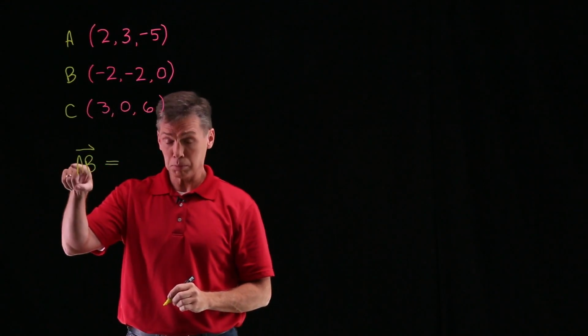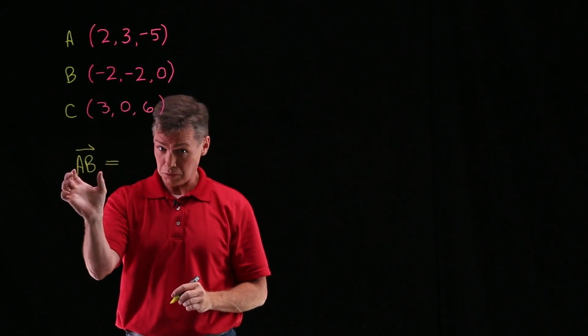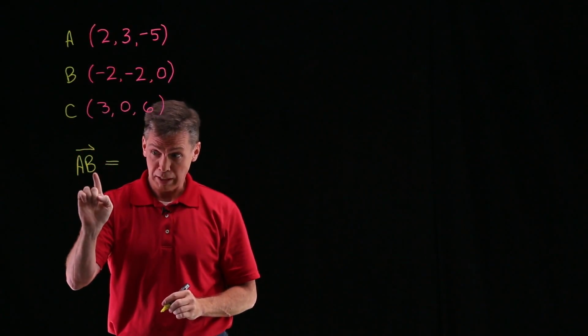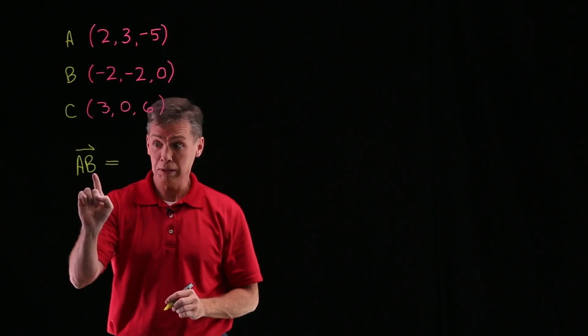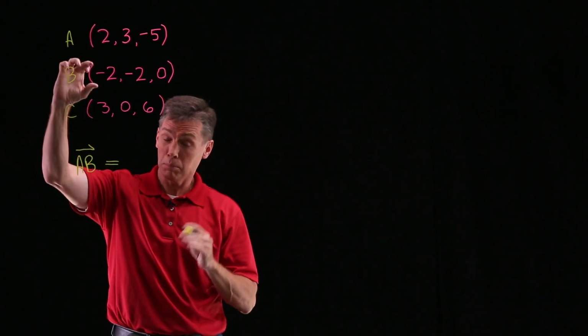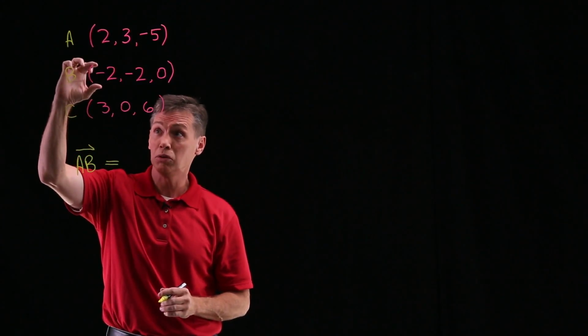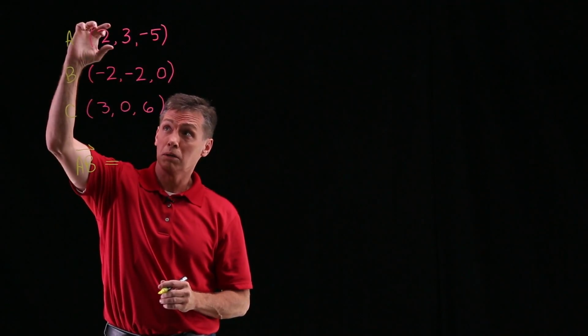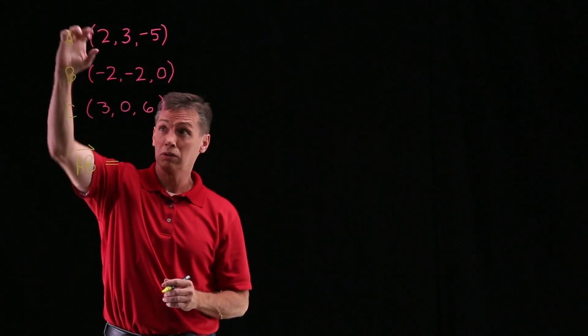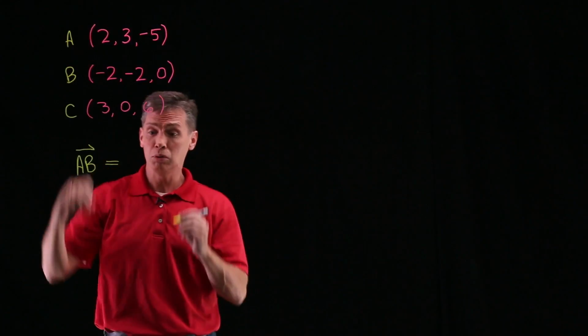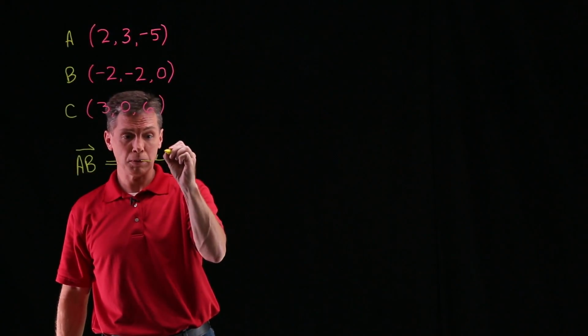Now, you've done this kind of work before, where if I want to write this as a vector, grab your second point, your terminal point of B, and subtract component-wise, so a -2, and subtract the component up here in the A point. So -2 subtract 2 looks like a -4.